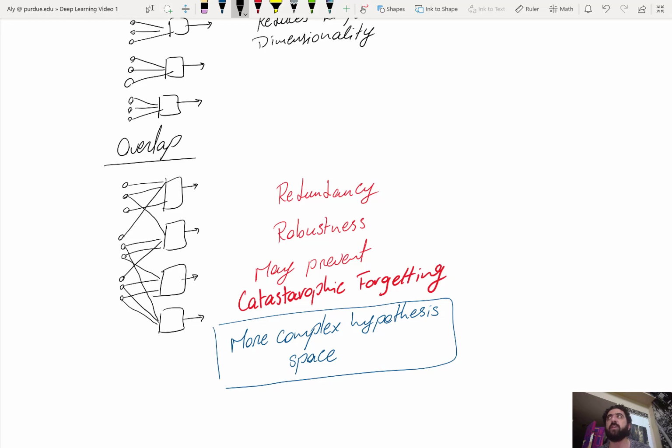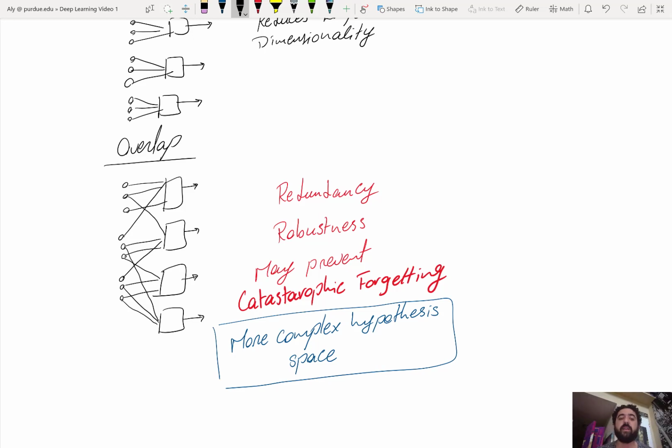This is called catastrophic forgetting. Empirically, this overlap structure with Maxout was found to help prevent it, for an obvious reason: there is redundancy between these units, so the learned information is not concentrated in a few of the units.